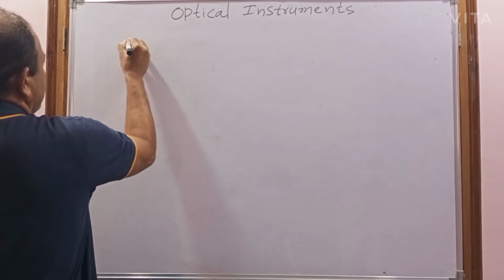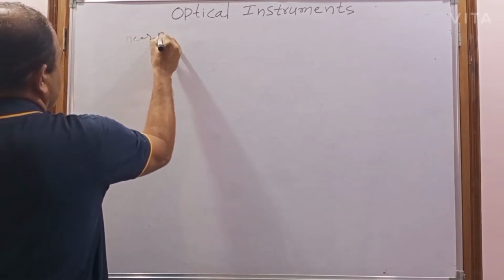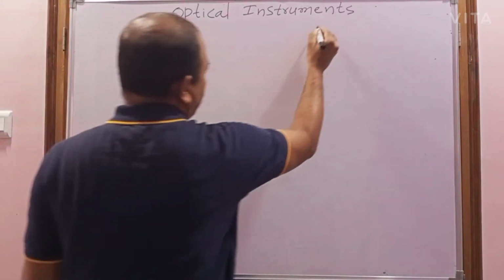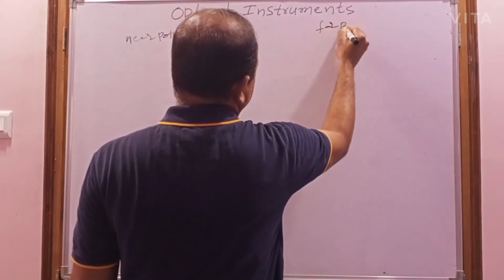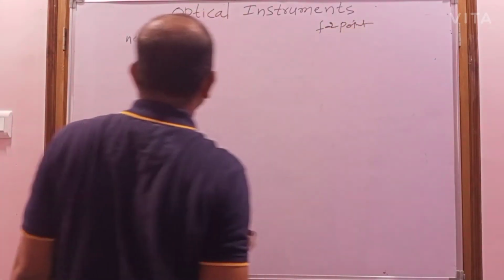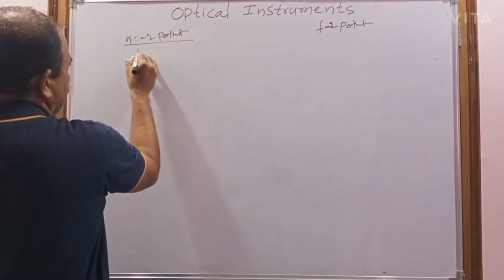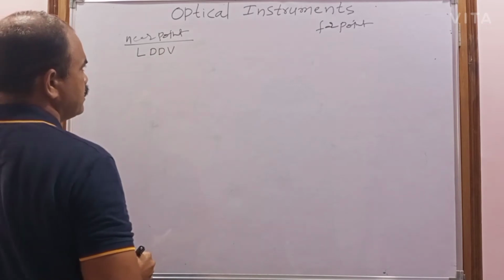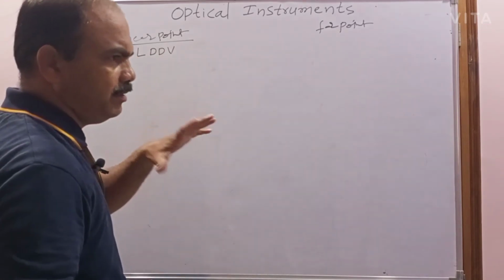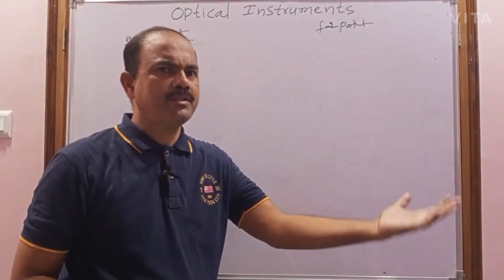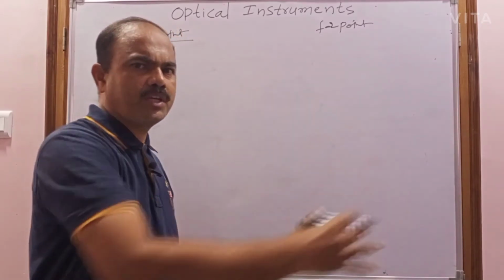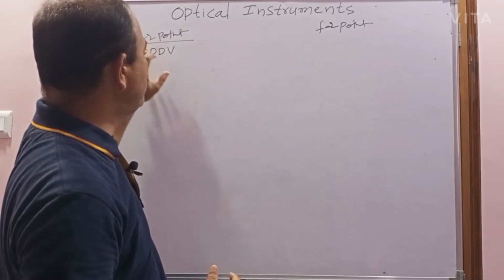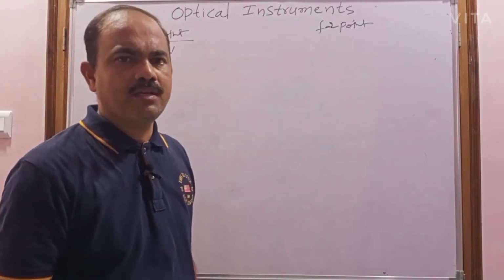The near point distance is also called the least distance of distinct vision. It is the minimum object distance at which we can see the object clearly and comfortably.